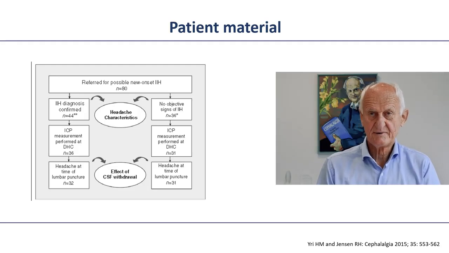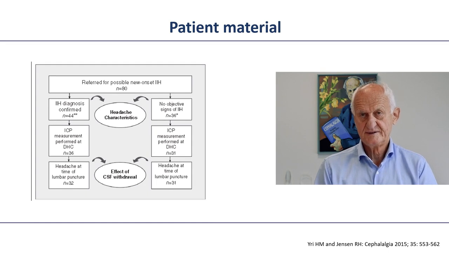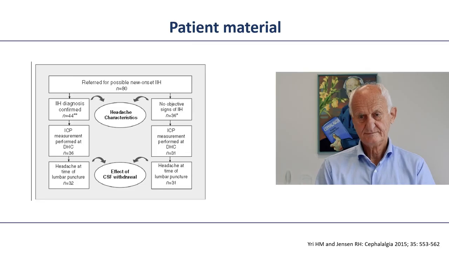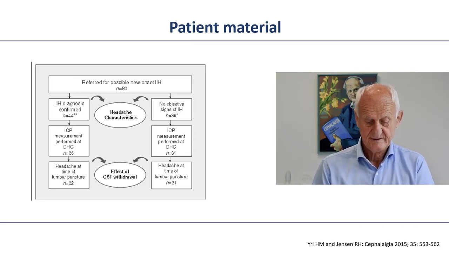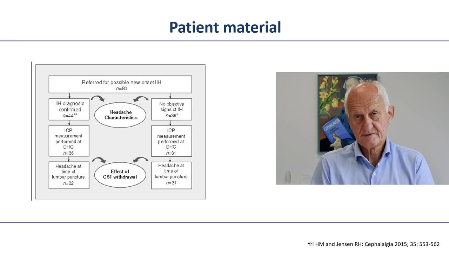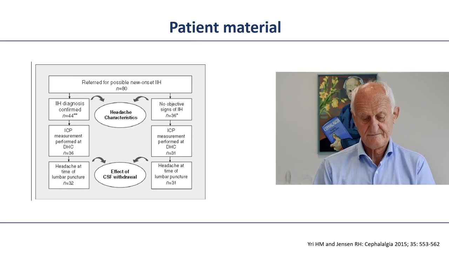Here's another example, a study by Professor Rigmar Jensen's group of idiopathic intracranial hypertension. So there were 80 patients referred for suspected idiopathic intracranial hypertension, and in 36 cases we didn't find idiopathic intracranial hypertension, and in 44 cases there was.